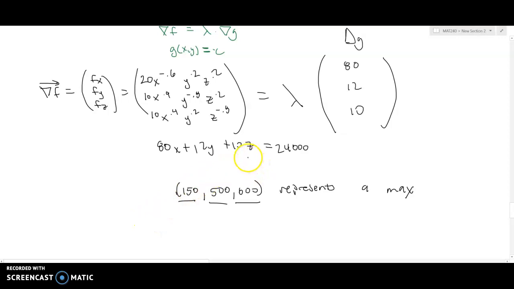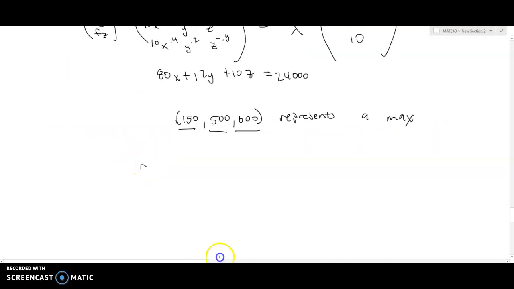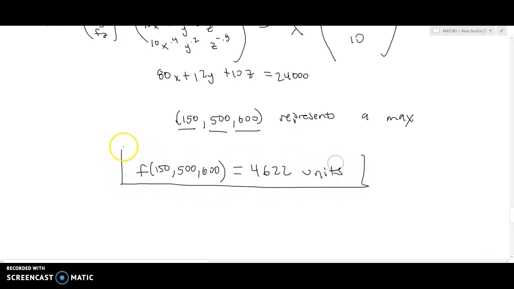maximize our overall production, which if we wanted to find out what that is, we could say f of 150, 500, 600 will produce 4,622 units. And that's the most we could produce right there while still meeting our budget constraint.